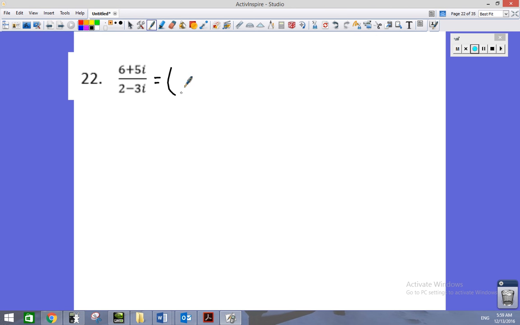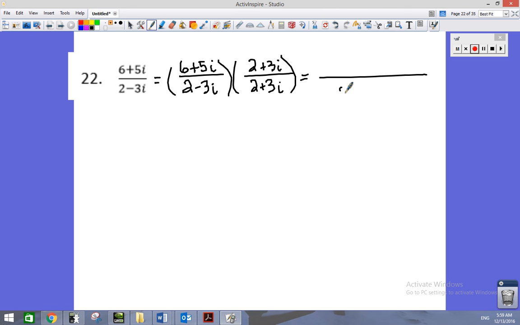So again, we're going to multiply by 1. This time we'll multiply by the conjugate of the denominator, and that way we won't have an imaginary unit in the denominator. So we'll have 2 squared plus 3 squared.